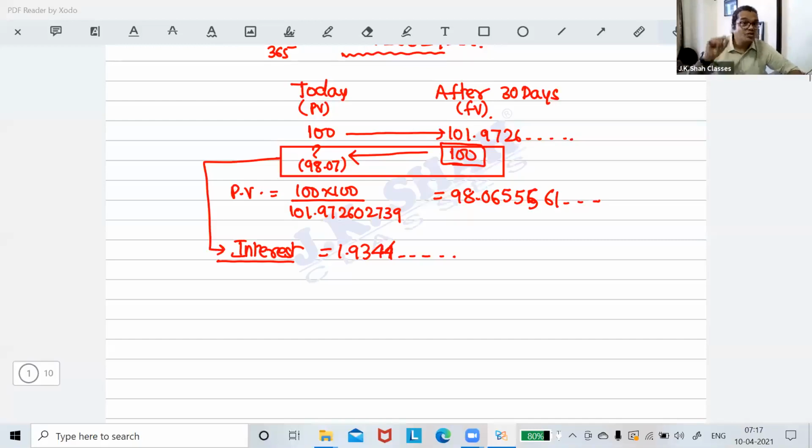If I sell him goods today, I will tell him, sir, after 30 days you have to pay me 100 rupees, but if you pay me today itself, pay me only 98.07. So I will tell my customer the discount offered would be 1.9344, approximately 1.93%.